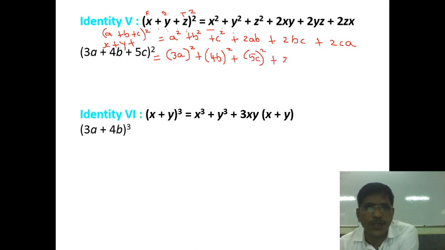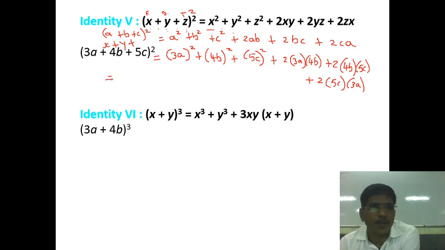Now 2 into a into b. So first term with second term, so 3a and 4b, plus second into third, and the last term, that is 5c into the first term.